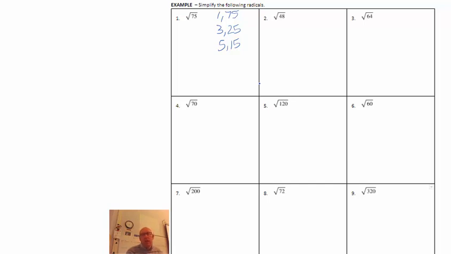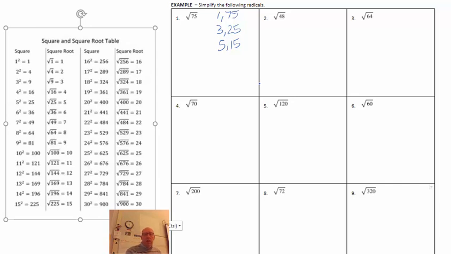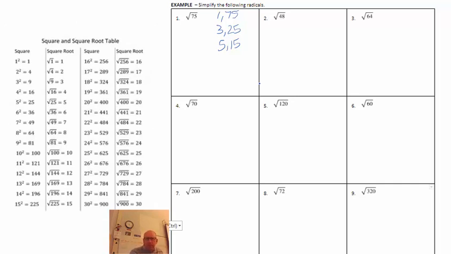That list of perfect squares is in your notes as well as right here in our chart. And what you'll notice is 25 is in fact one of those perfect squares. So we are going to select this factor set right here to then perform our product rule with square roots.